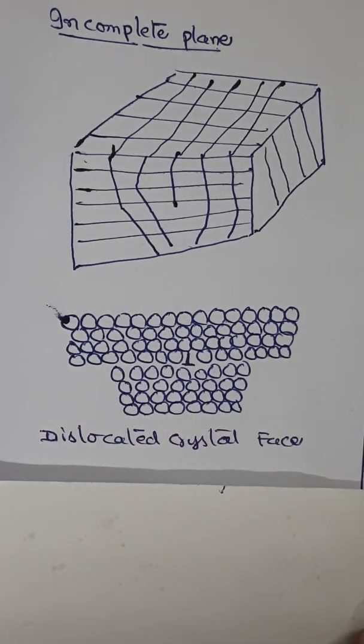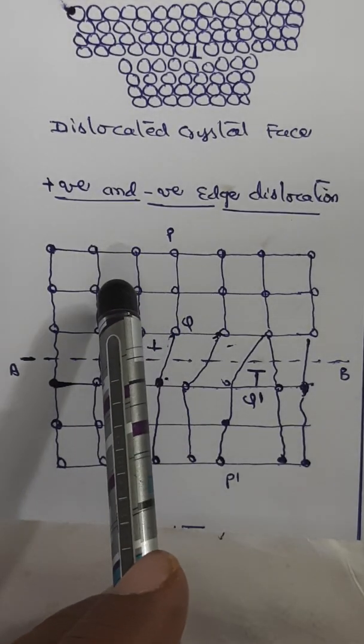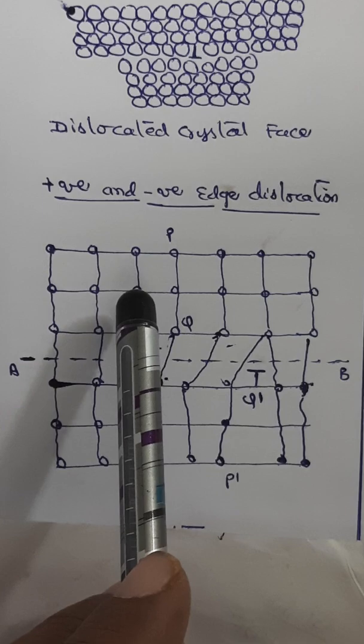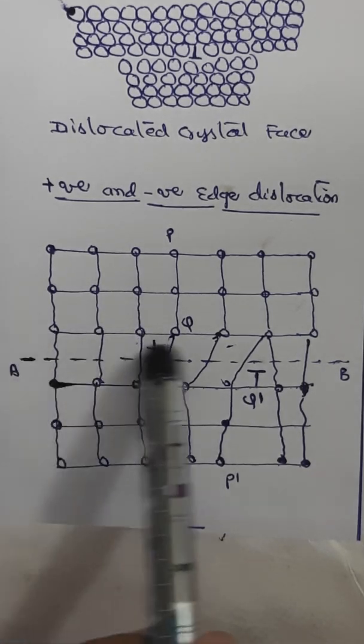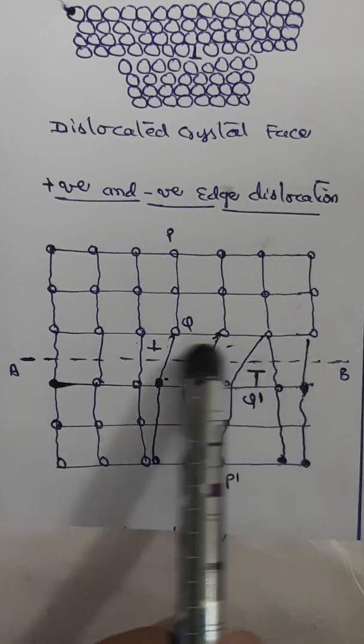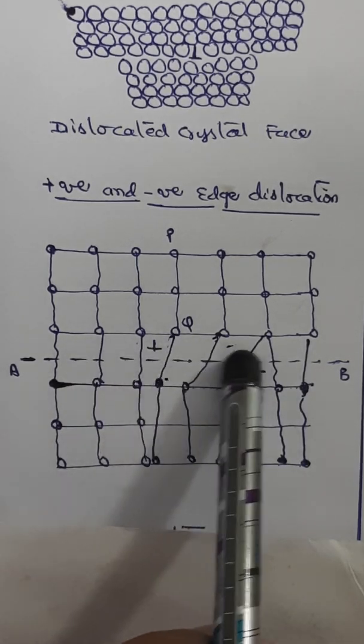For example, if one atomic plane is slipping over the other plane, then also an edge dislocation is caused, which we can show like this. Let us say two atomic planes of a regular crystal are made to slip along AB.